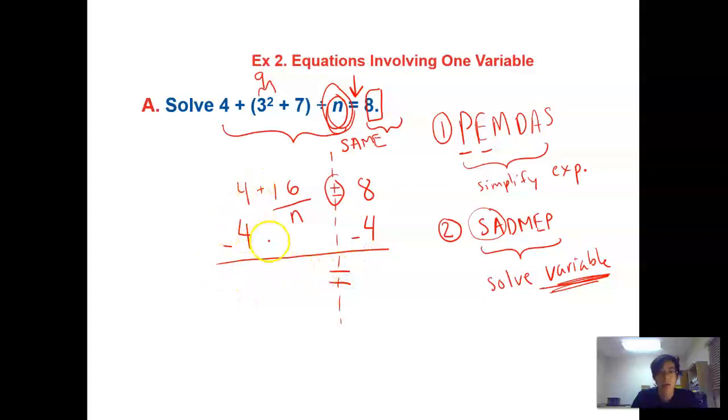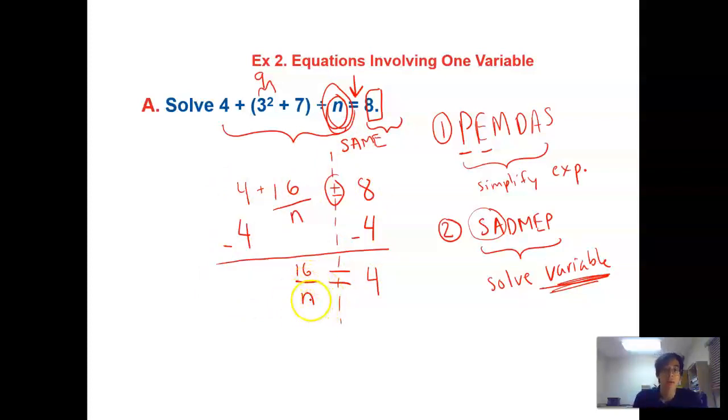So 4 minus 4 is 0, and then I get 16 over n. And then 8 minus 4 is 4. You guys are going to watch an Edpuzzle video if you need a quick refresher on how to move numbers around, because what you do to one side, you have to do to the other side because of that equal sign.